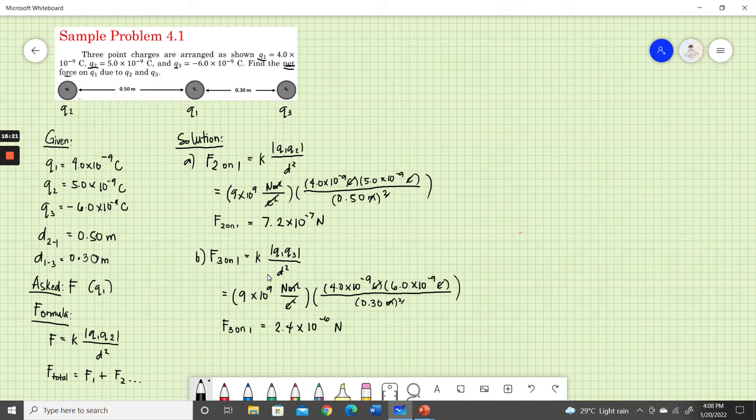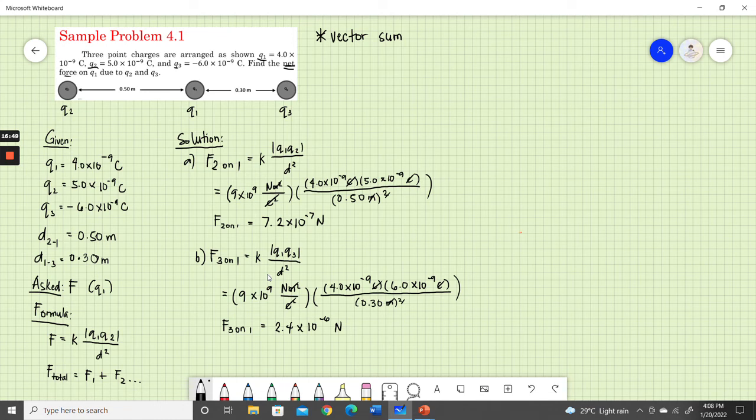Okay, but wait, we're not yet done because according to the superposition principle, the net force is the vector sum of all these forces. Now let's look at this word right here, vector sum. We know that these forces are vector quantities. Remember what vector quantities are? Vector quantities are quantities that have both magnitude and direction.